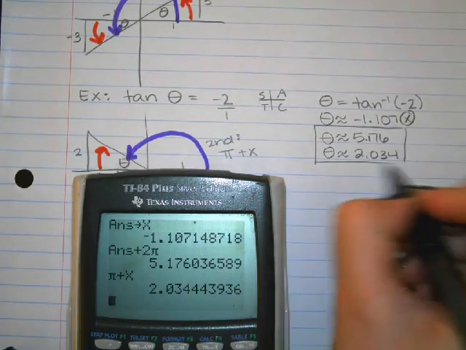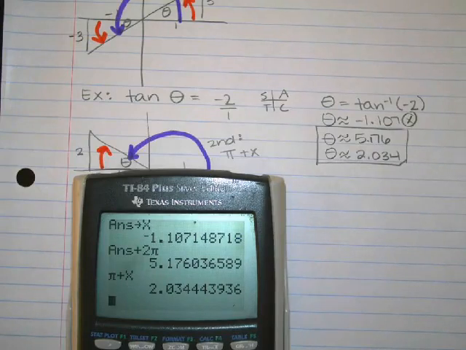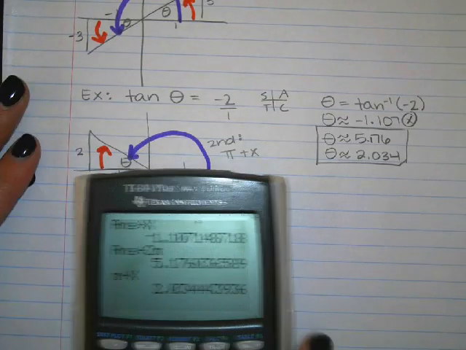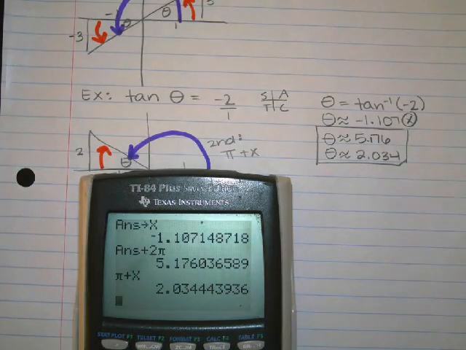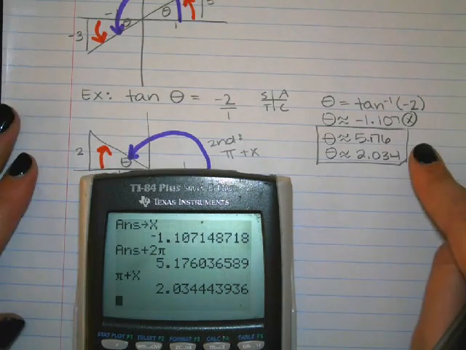Okay. Now, before we put our notes away, I just want to remind you guys, as I went through these examples, I only wrote the answers that were between 0 and 2 pi, but we do know that we have repetitions of answers. If I had said in the instructions, I want you to find every single possible answer, then you would have had to add things on the end.